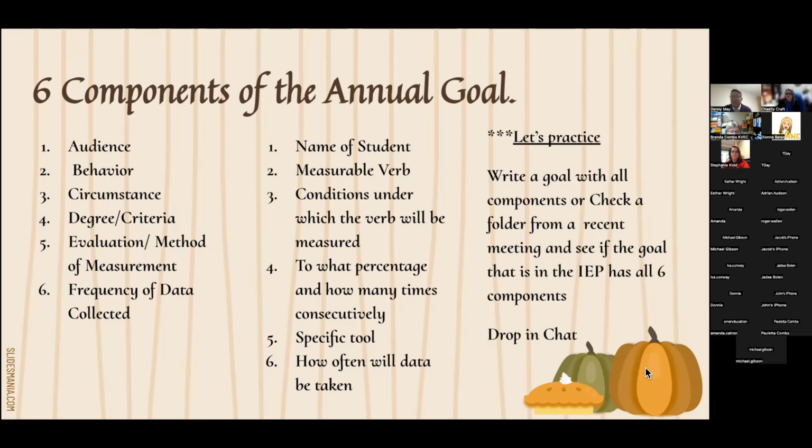Chastity and Stephanie do wonderful trainings around looking at the standards, pulling out the skills that need to be covered, the skills that need to be attained to move through the grades, to be able to respond to the standards. And we're supposed to use that as a guide for our IEP.